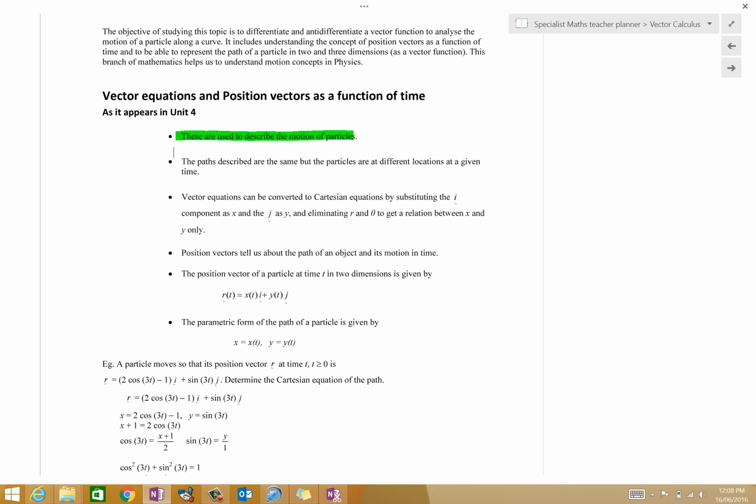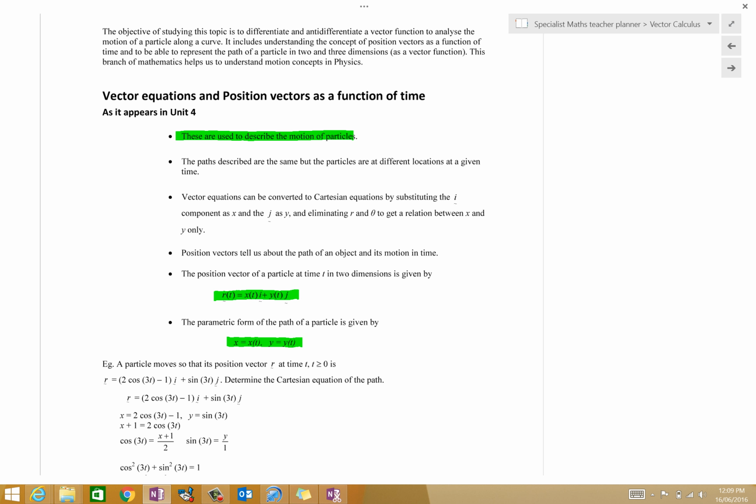Generally speaking, let's say I had a vector as a position of time. My i component is changing with respect to time, and we'll call that x. Whatever the j component is, we're going to call y. And that is going to change with respect to time, of which we can have parametric forms of equations. That's the stuff we did in chapter 1.